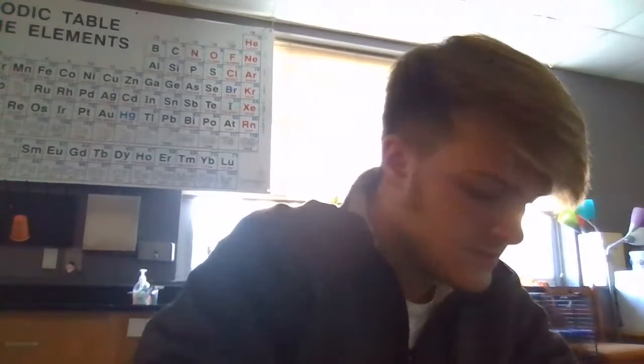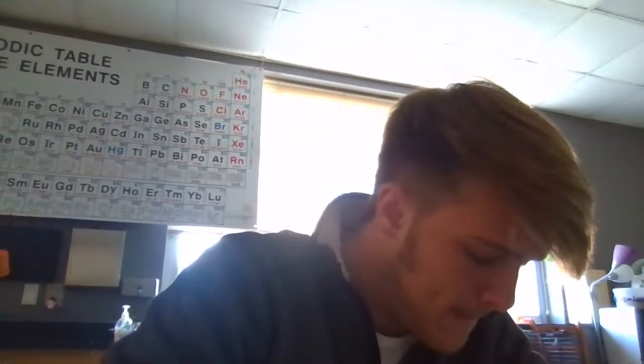So if I divide this by 3.33, I get 1. 6.7 divided by 3.33 is 2. 3.34 is almost the same number, so 1. 1 to 2 to 1, this is twice as much. So what's my empirical formula? CH2O. That's my empirical formula. For every 1 carbon, there's 2 hydrogens and 1 oxygen.